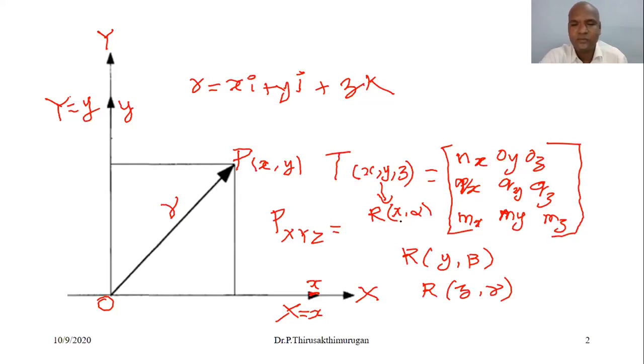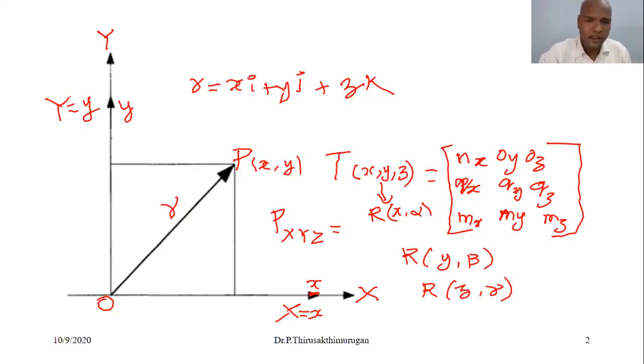R of x comma alpha means the robo makes an angular displacement of angle alpha along the x-axis. R of y comma beta means the robo makes an angle of beta along the y-axis. Similarly, the robo makes an angle of gamma along the z-axis. So it is a very simple representation of the matrix.